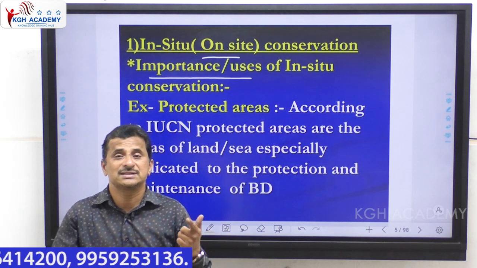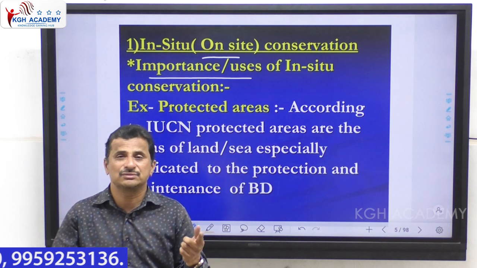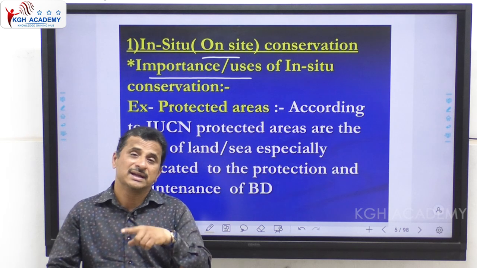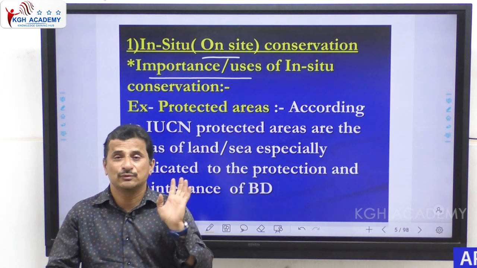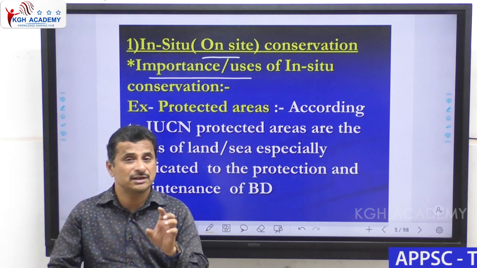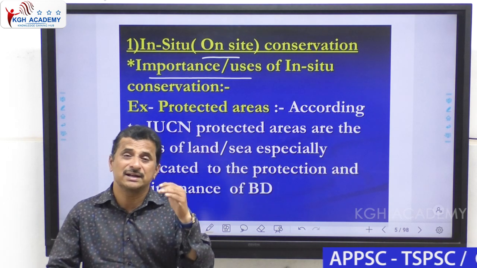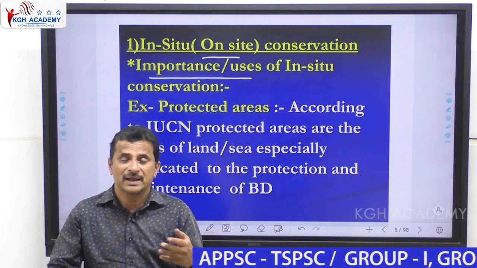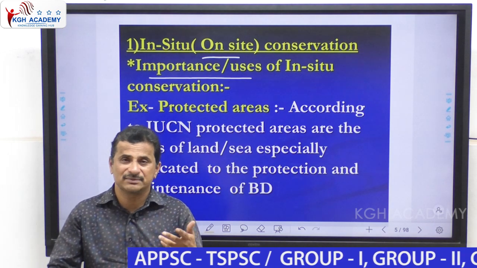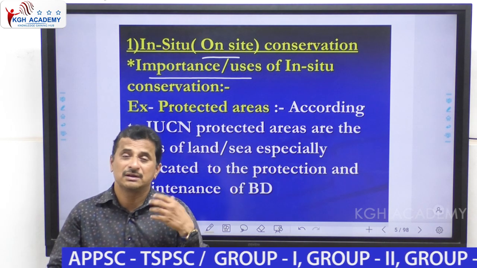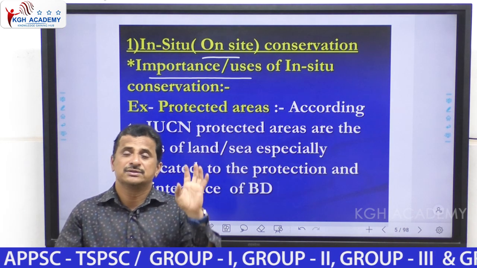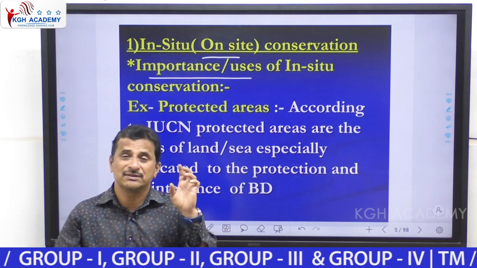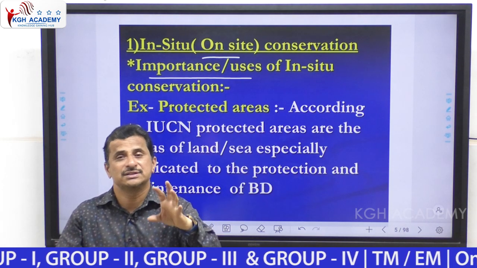So organisms can tolerate environment-related problems and conditions. They adjust to changes in the environment, tolerate them, and continue to the next generation. So they automatically increase their number, and this is the easy, best, cheap and most comfortable method. That's why for years scientists and wildlife biologists have given preference to in-situ conservation.